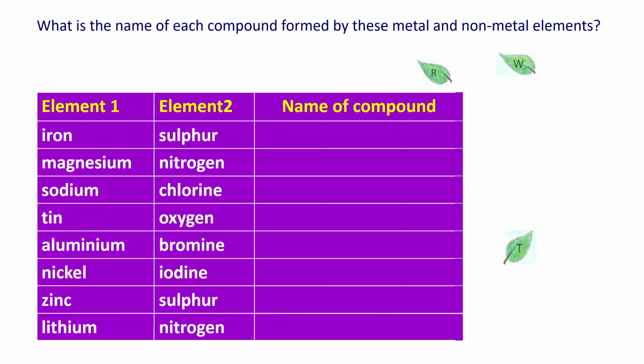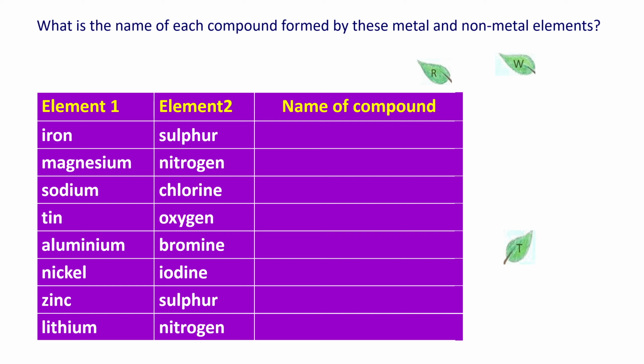Okay, so let's have a go at these. What I'm going to tell you is that every element 1 is a metal, every element 2 is a non-metal, just to make it easier for you. So the first one, iron and sulfur are elements, but now they've reacted together to form a compound.